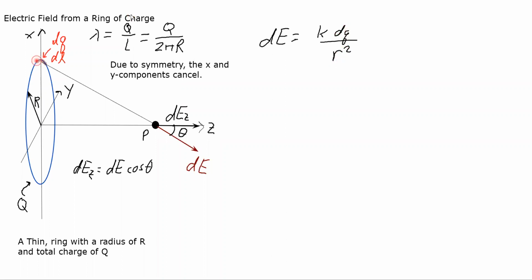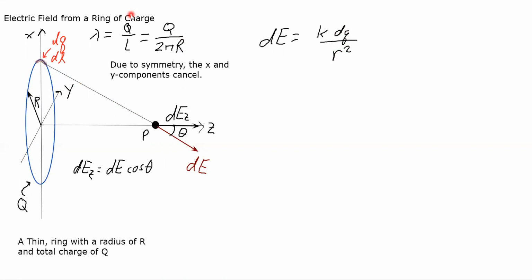In this case, dq is up here, our point of interest is here, so we're talking about this distance right here. Uppercase R is the radius of this ring. They're two different distances, and it comes up a lot, so don't get those confused. Lowercase r is the distance from the charge to the point of interest.